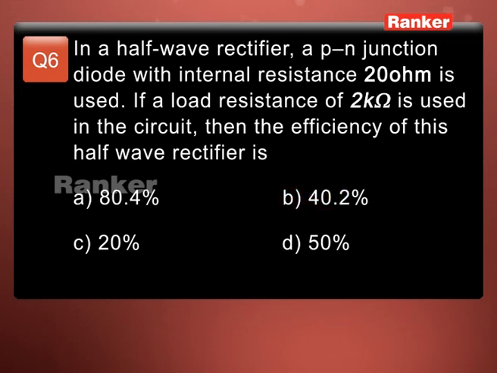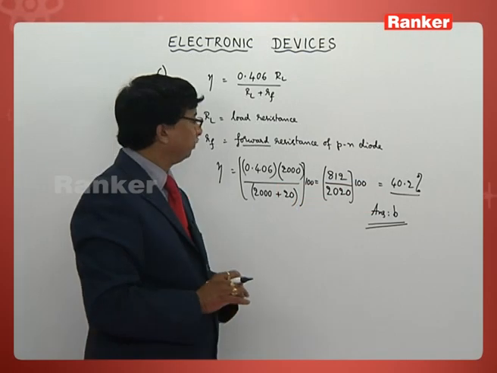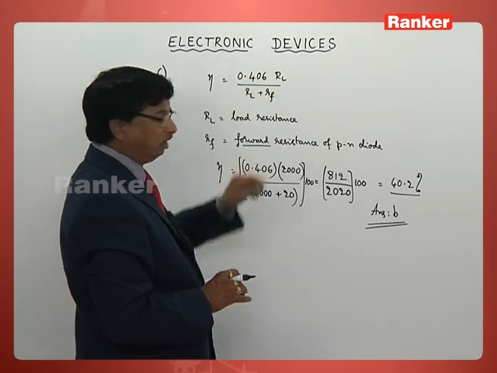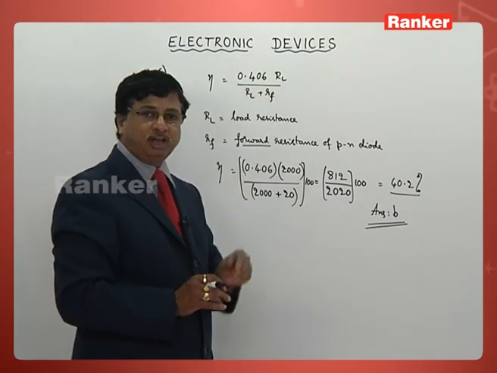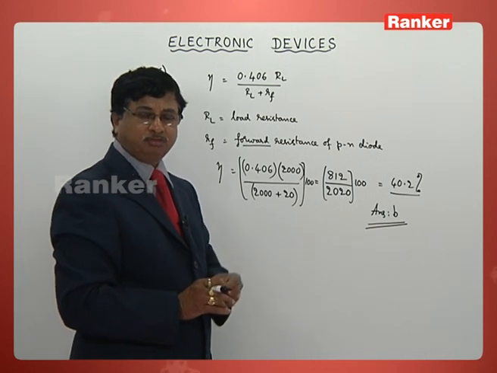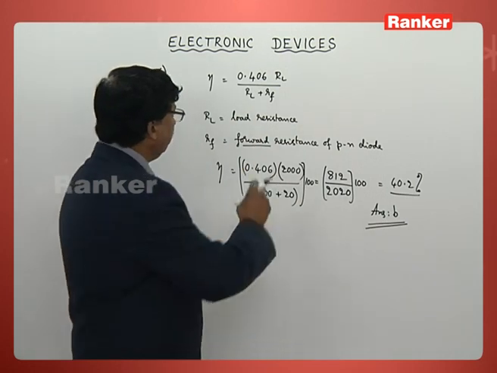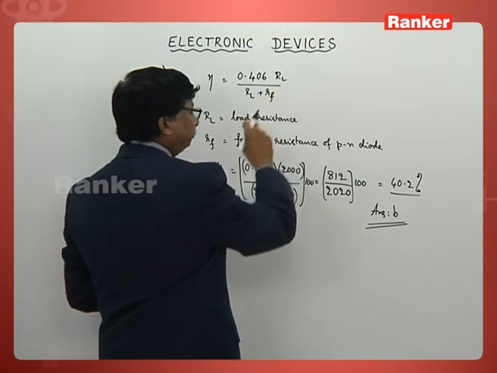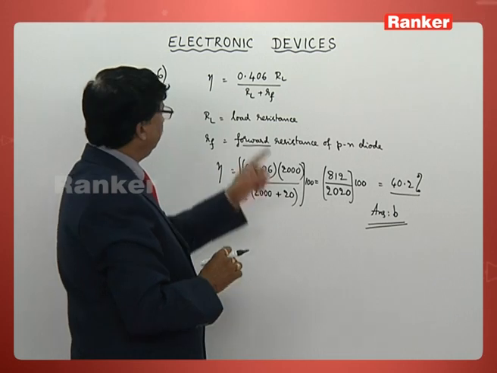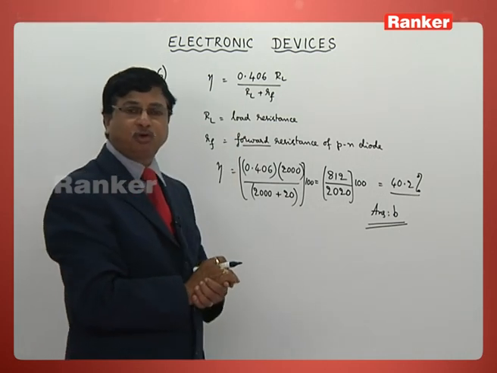But one thing I want to mention here: if you look at this calculation carefully, if the diode is an ideal diode, RF will be 0, then RL gets cancelled. You are left with 0.406.